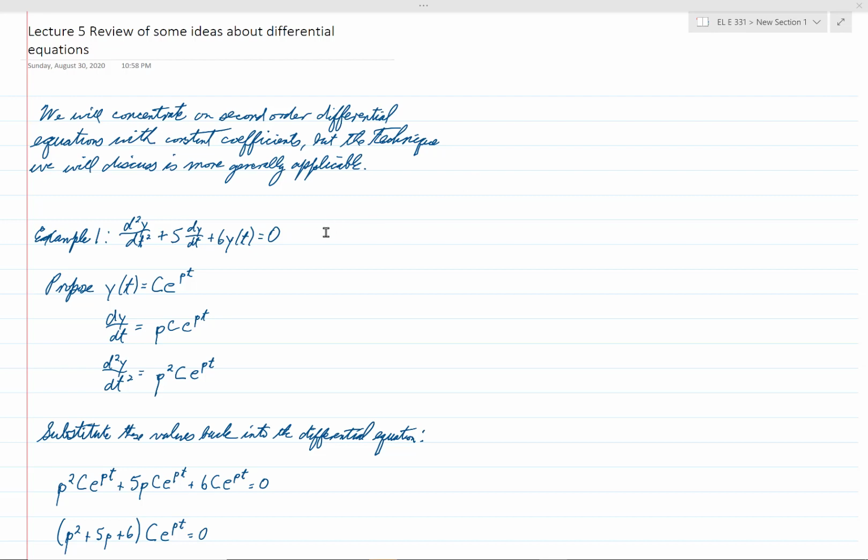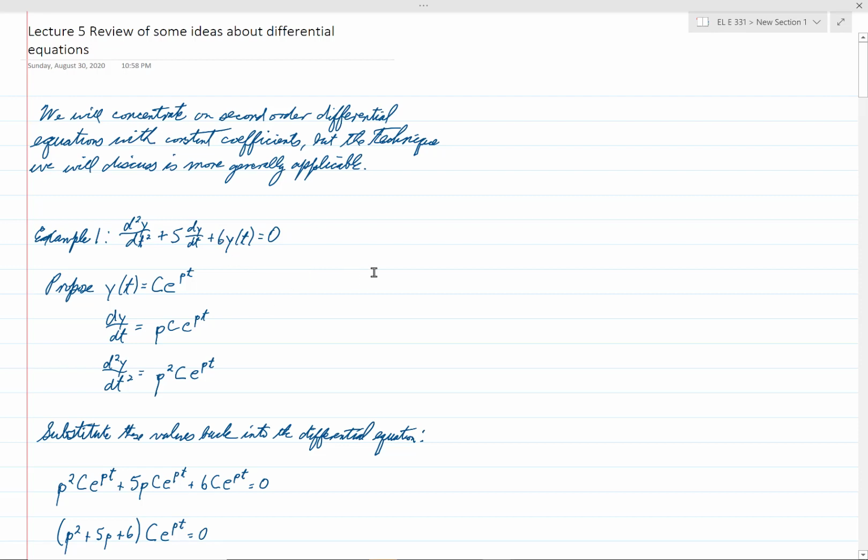Every differential equation we're going to look at is going to be, first of all, an ordinary differential equation, which means that you don't see any partial derivatives here. And it's going to be second order, which means that the highest derivative present is the second derivative. And it's going to have constant coefficients, just like we see here. The coefficients are 1, and then 5, and 6.